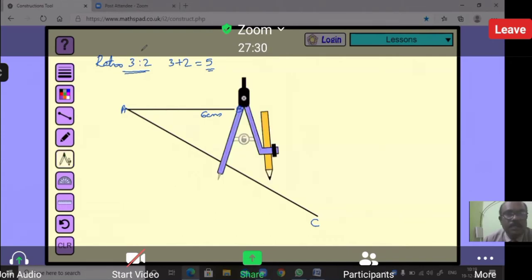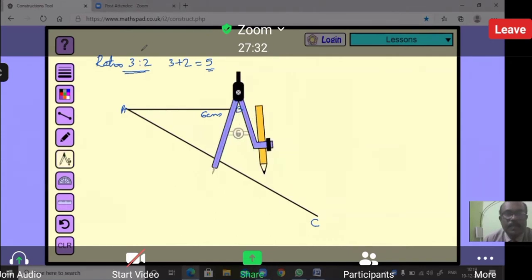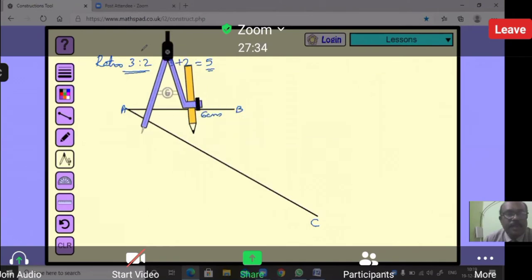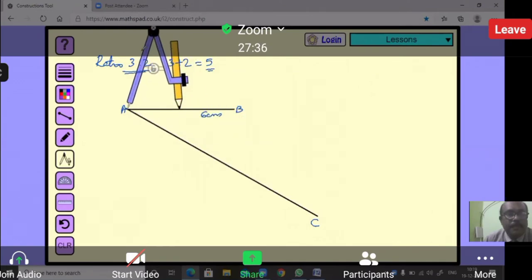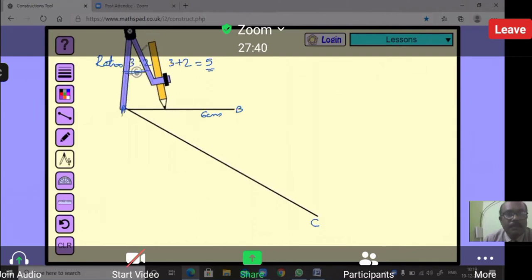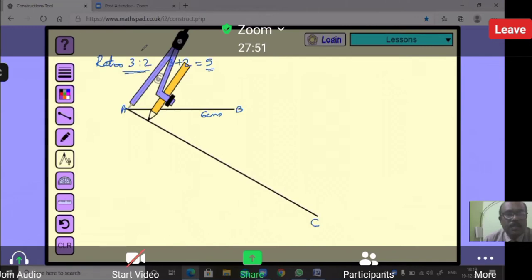Okay, you can use your compass and bring your compass here at A and adjust the gap, say around 1 or 1.5 centimeter, whatever it is. So keep it like this, then lock your compass so that the radius will not change, and then mark a point here. Okay, this is the first point.